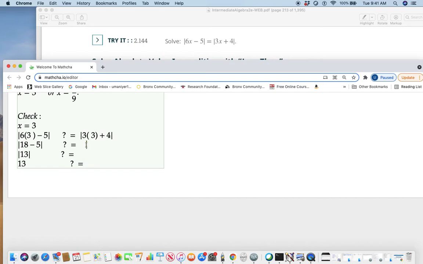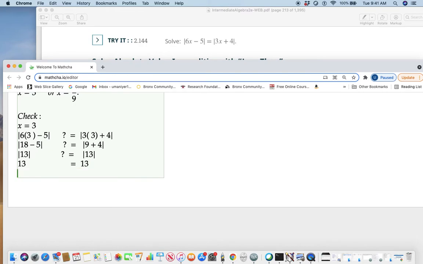All right. Right hand side, absolute value 3 times 3, 9 plus 4, which is absolute value 13, which is 13. No more checking, they are indeed true. So x equals 3 is a solution.